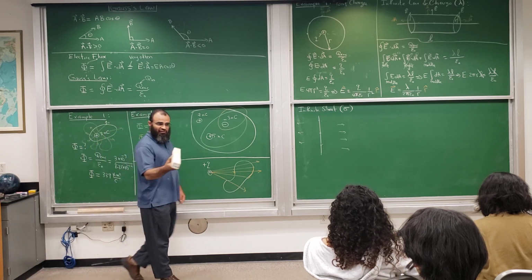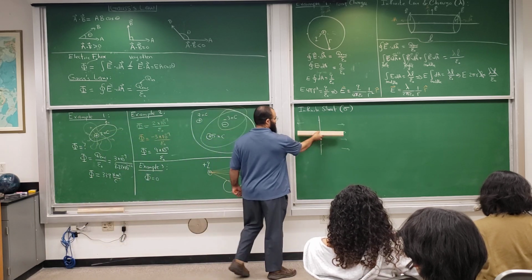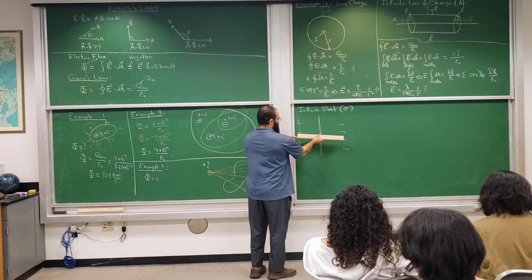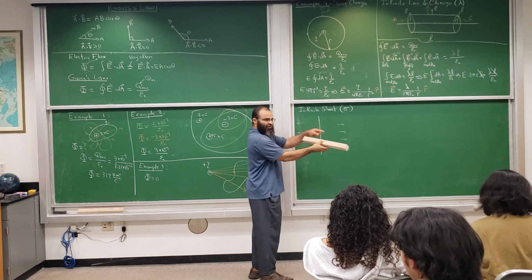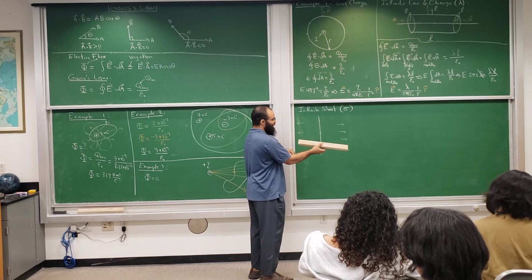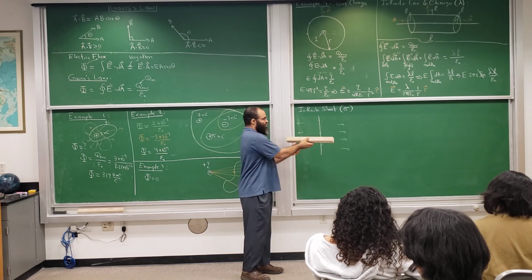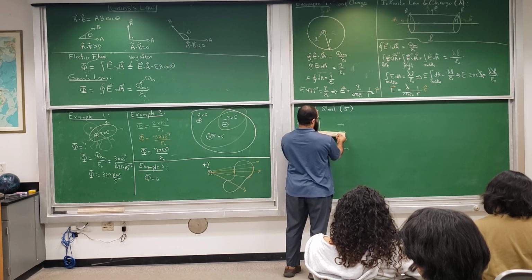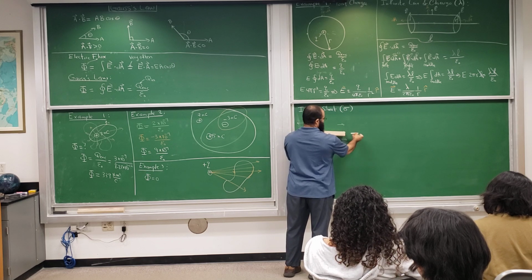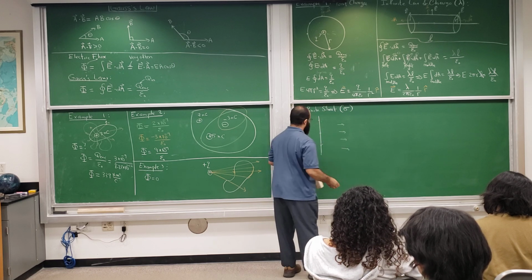We're going to choose a surface similar to this. The surface can have a round or rectangular part, it doesn't really matter. You will see why. What I need is the area on the sides to be perpendicular. Here the field is going to be to the right, and here it's going to be to the left.